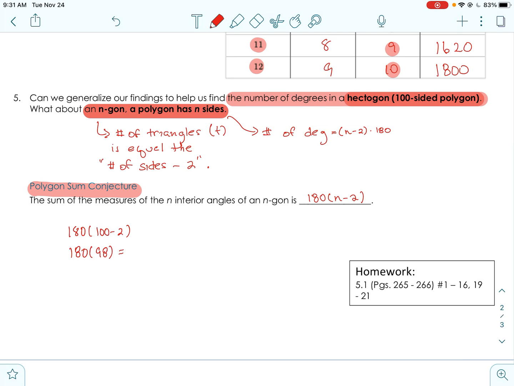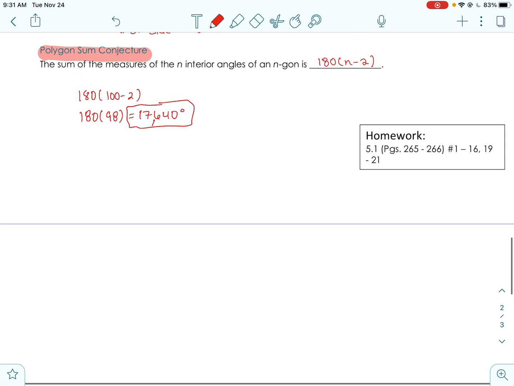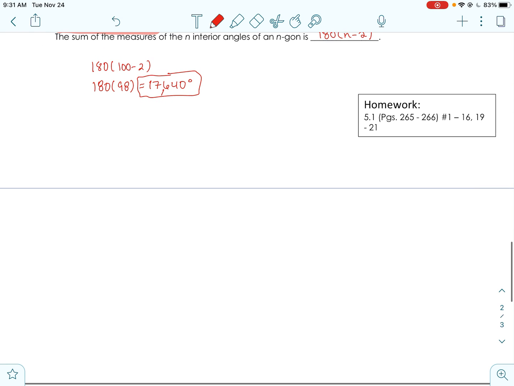And if you use your calculator, you would get 180 times 98 would be 17,640 degrees. Okay, so there would be 17,640 degrees in this 100-sided shape.